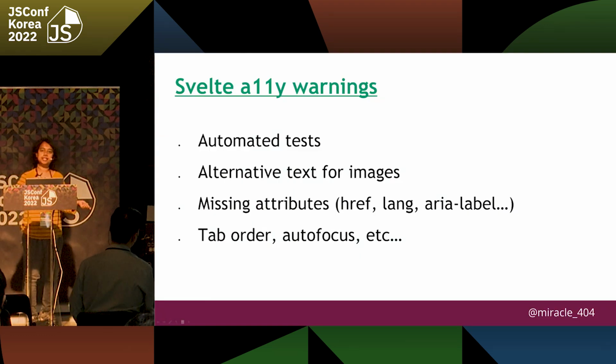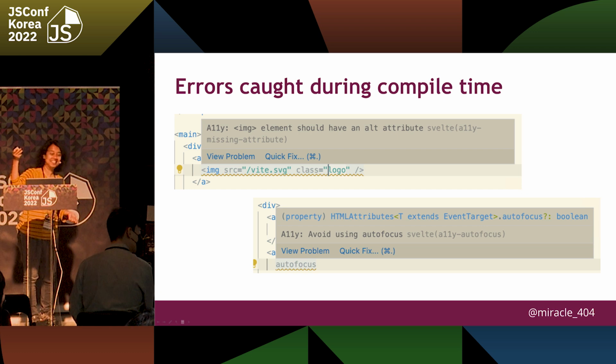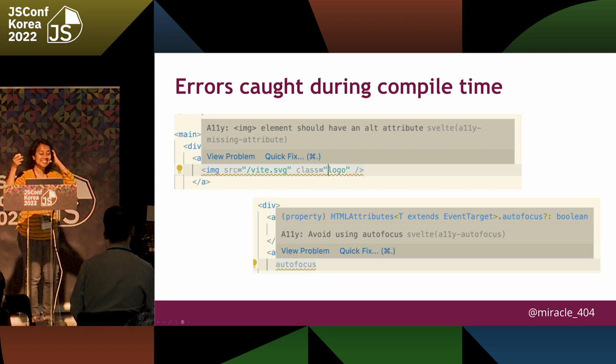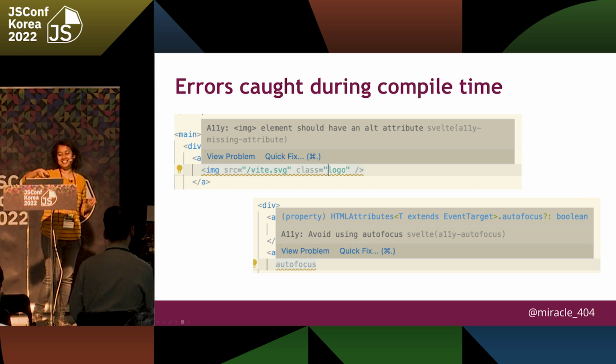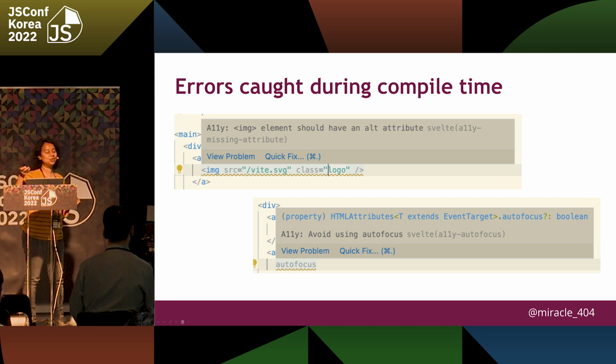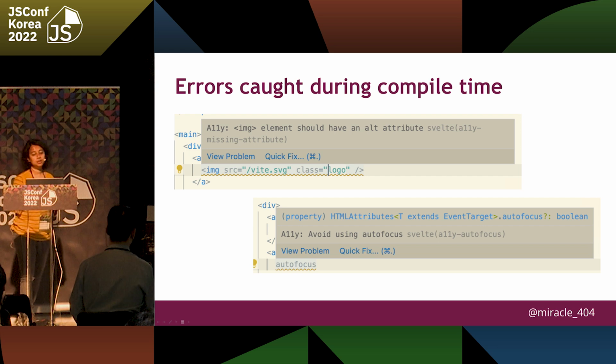These are some of the errors you will find, and sorry, I don't use dark mode, I hope I'm still a developer. These are snippets where they will show you an error when you are coding. They will not stop you from proceeding, but they will show you that it's an issue and we can fix it. These are very nice.